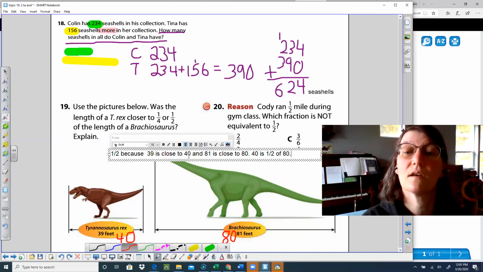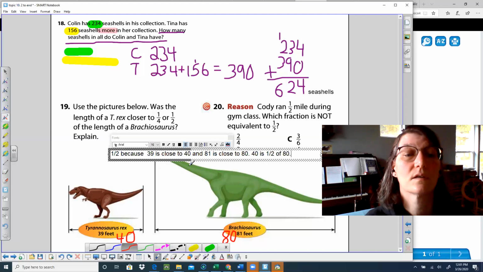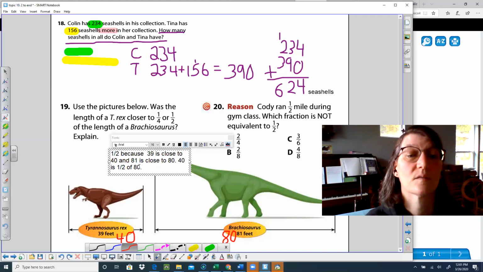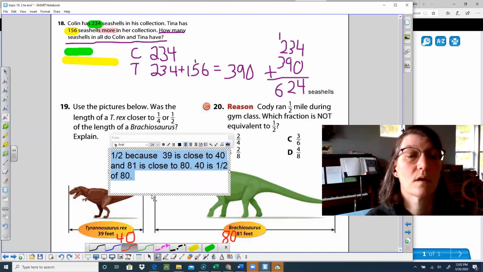Now I need to get rid of that. Okay, we'll shrink that, and let's make our font bigger and hope it fits. Ooh, yay, it fit.